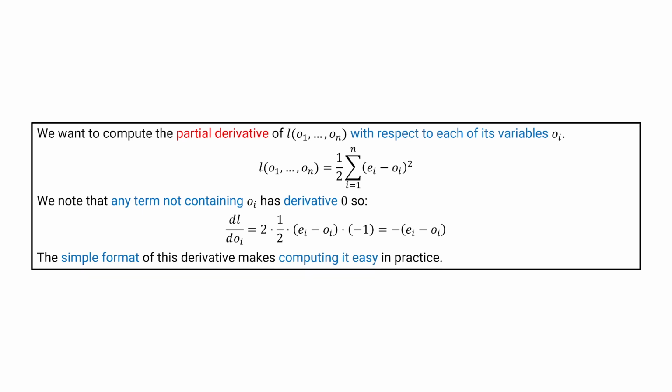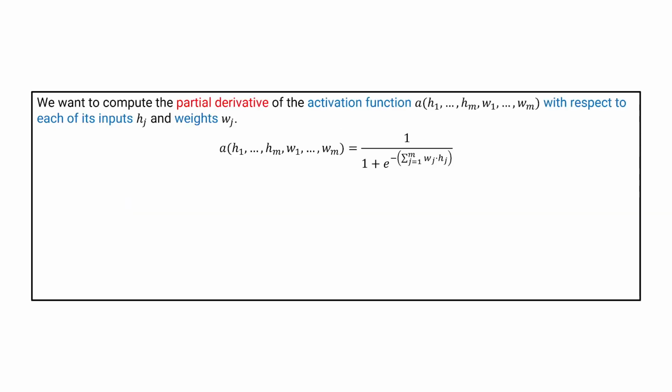So for all these reasons, it's easy to compute and easy to express, and it makes sense when we plug it into our own brain as the error between the neuron and its expected output. That makes it really easy to compute in practice. And so it turns out this is just one of the components of the gradient that we're computing, but this one is pretty straightforward and easy to compute.